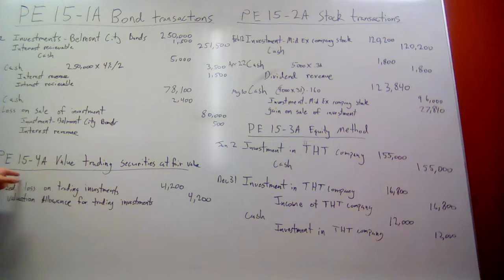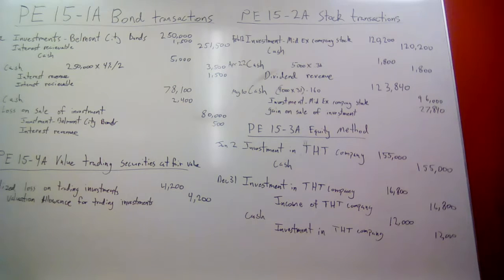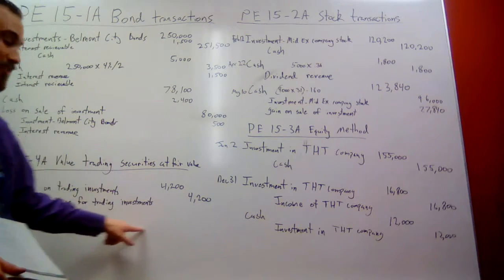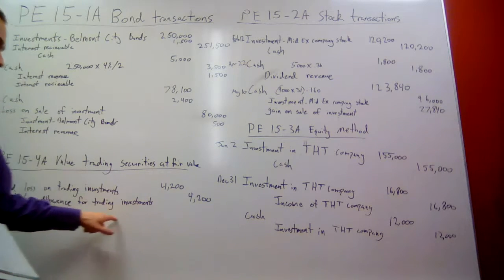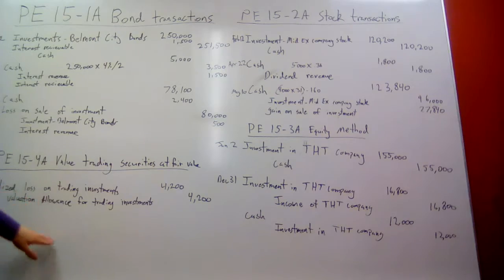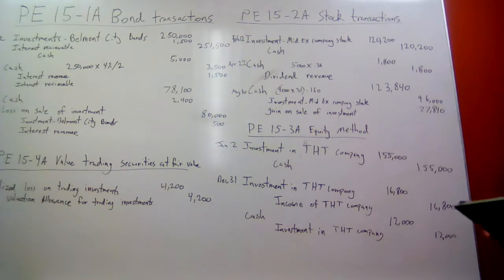So this unrealized loss is going to be on the income statement, probably with other income, and this valuation allowance for traded investments is on the balance sheet right under the investment itself, as it acts like a contra. So it's going to reduce the value of that. Swing it over here, bada boom, bada boom.